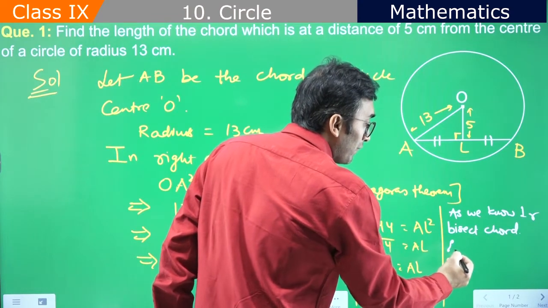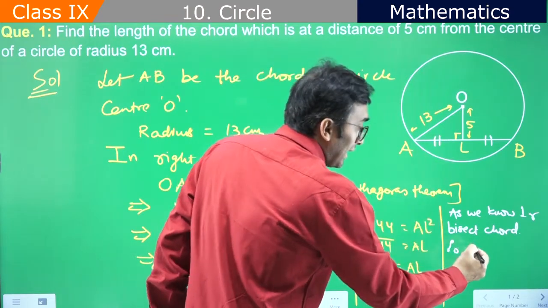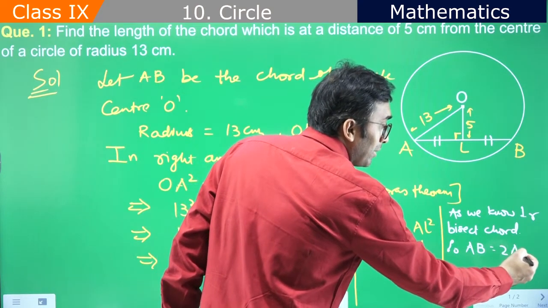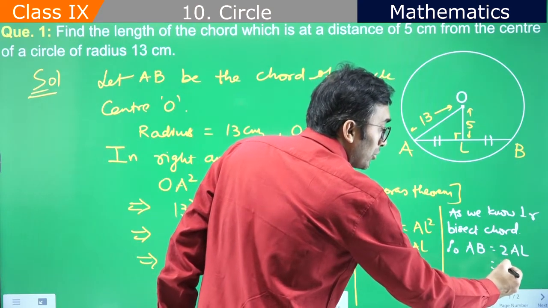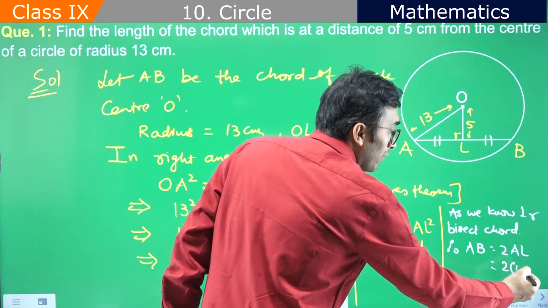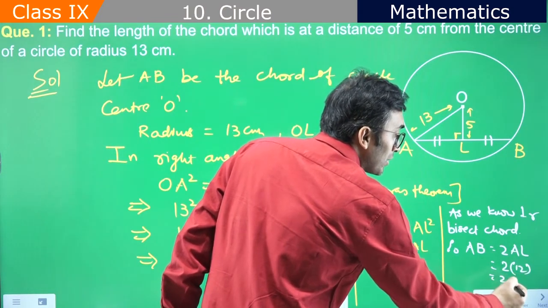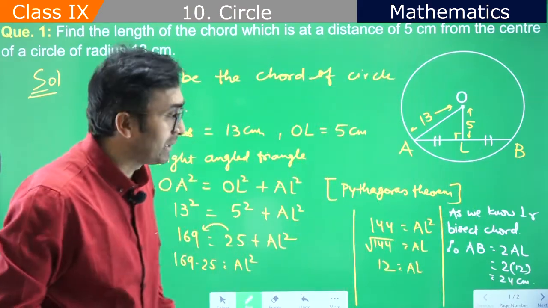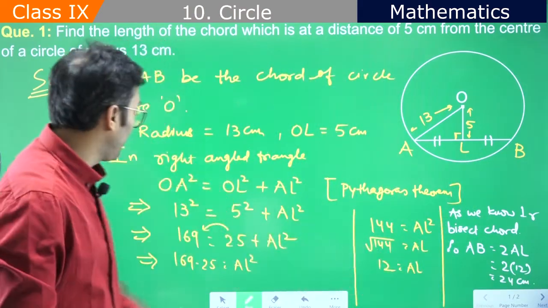So therefore AB will be twice of AL. The value of AL is 12, so this is going to be 24 centimeter. This is our answer. We got the length of the chord AB.